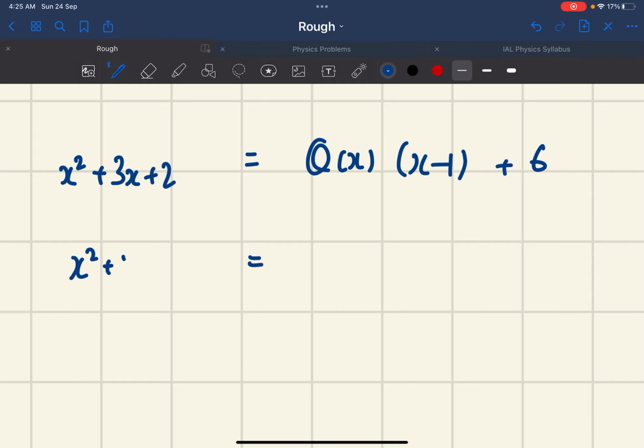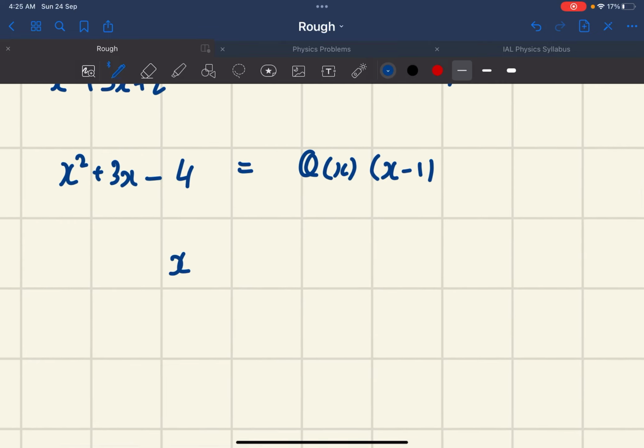Okay, enough of me just waffling around. Let's do the math. Okay, then let's divide. Or rather, I'm going to try to find q(x).